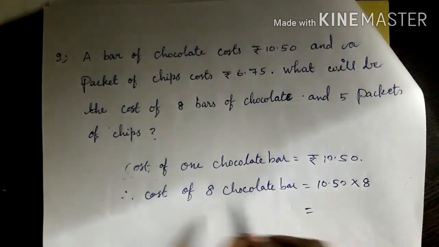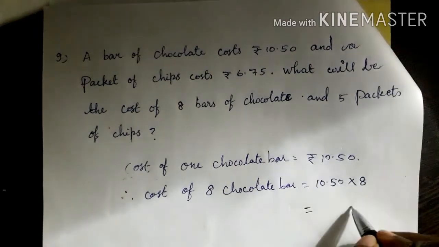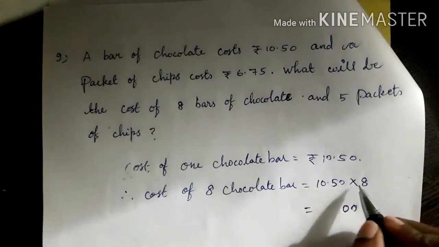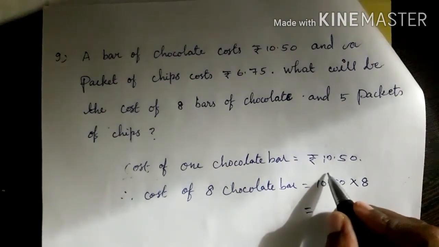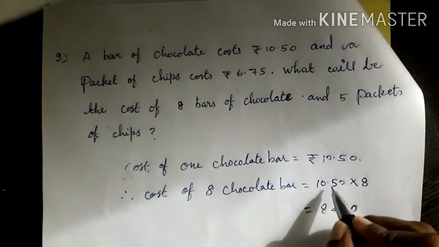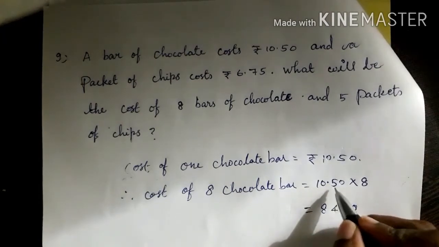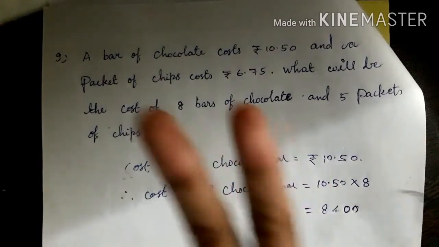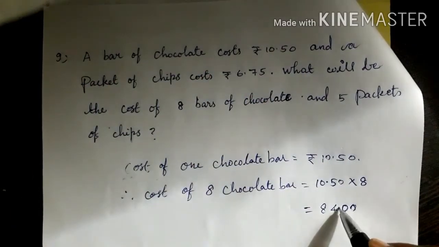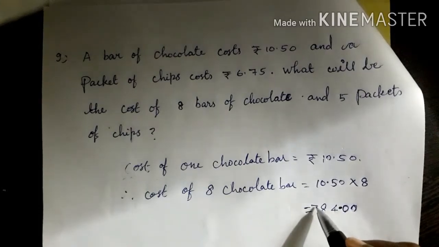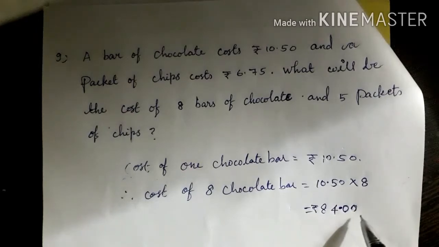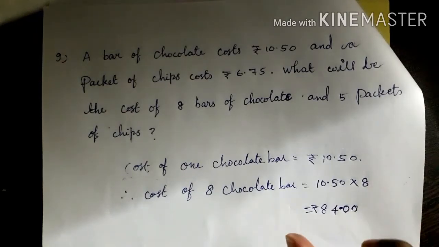How much will be the cost of 8 chocolates? 8 fives are 40, 0, 4 remainder, and 8 zeros are 0, 0 plus 4 is 4, 8 ones are 8. And the point: there are 2 numbers after the point, so only 2 numbers before the point from the last. So the cost of 8 chocolates is 84 rupees 00 paise. It means 84 rupees for 8 chocolate bars.